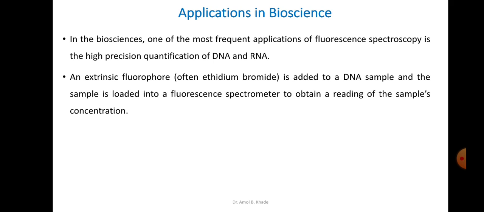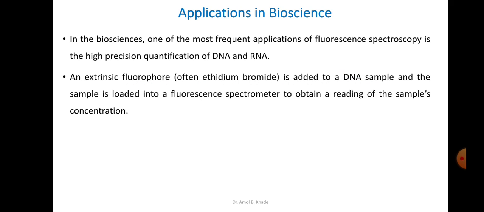So what usually we do, we take an extrinsic fluorophore, often ethidium bromide. This ethidium bromide is a chemical reagent which has a fluorophore, and this is reacted or added with the DNA or RNA sample.